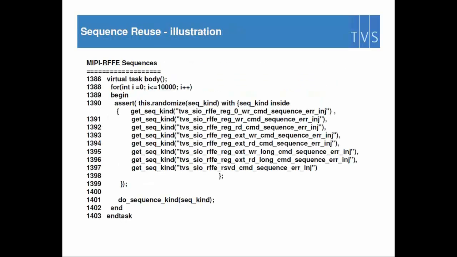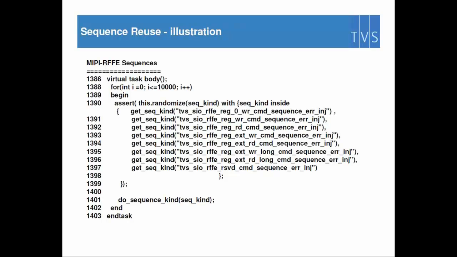This example illustrates this sequence reuse. Let's say that we defined certain sequences for a write command, a read command, and then read after write, or write after read, and various different long write and long read commands.